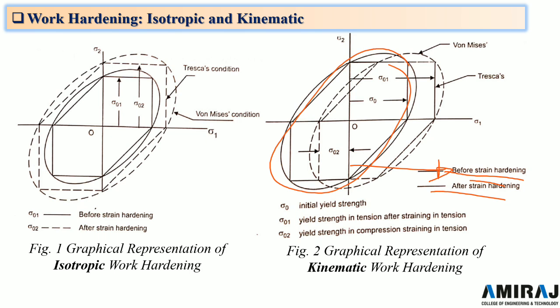So it explains the Bauschinger effect, and the magnitude of shift may be related to the magnitude of strain suffered. Very few attempts have been made to determine this relation. The data on the relation of shift of the yield diagram with the strain suffered by the material is still very scanty. So this is about work hardening, isotropic and kinematic.